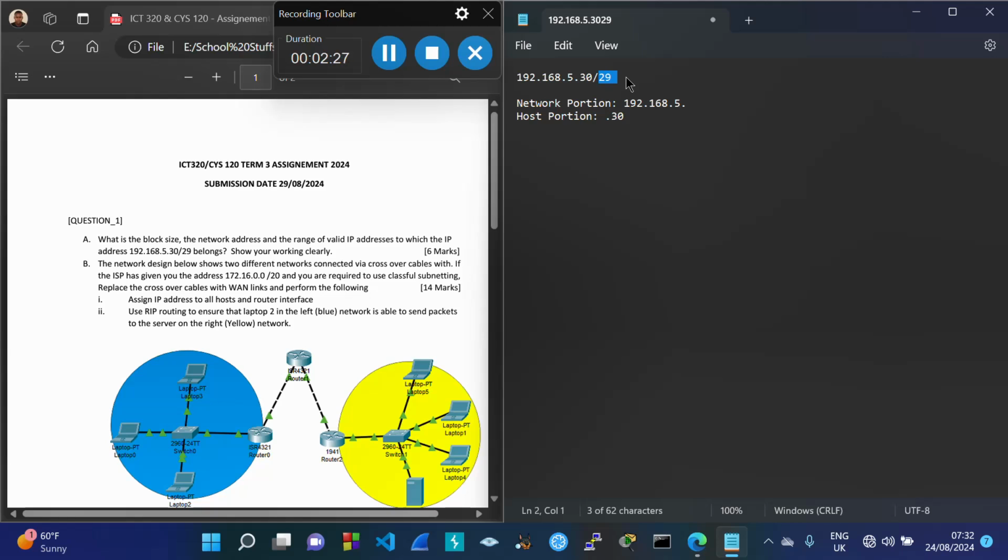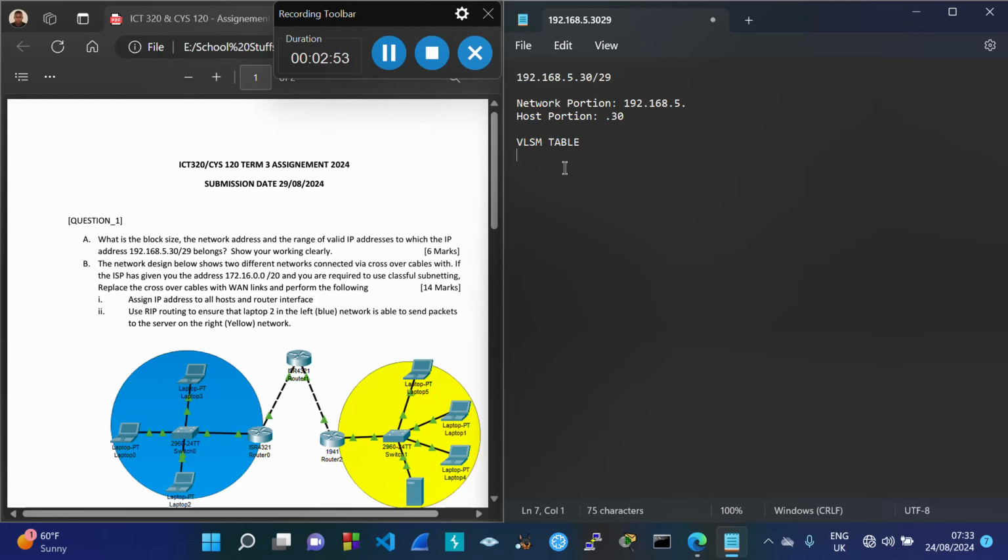In this case, we have 29 ones, which represents the subnet mask. To understand this further, I'll come up with a VLSM table and explain further. This is the variable length subnet mask.